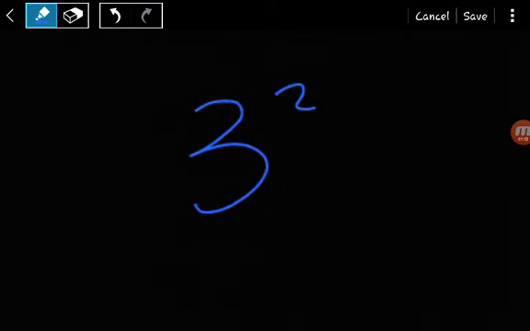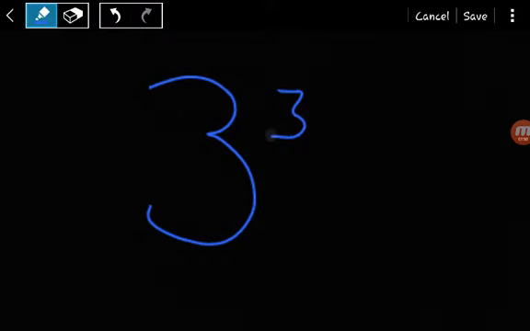Basically here you multiply 3 by itself twice. So 3 times 3, or that would be 3 squared. So 3 squared is 9.